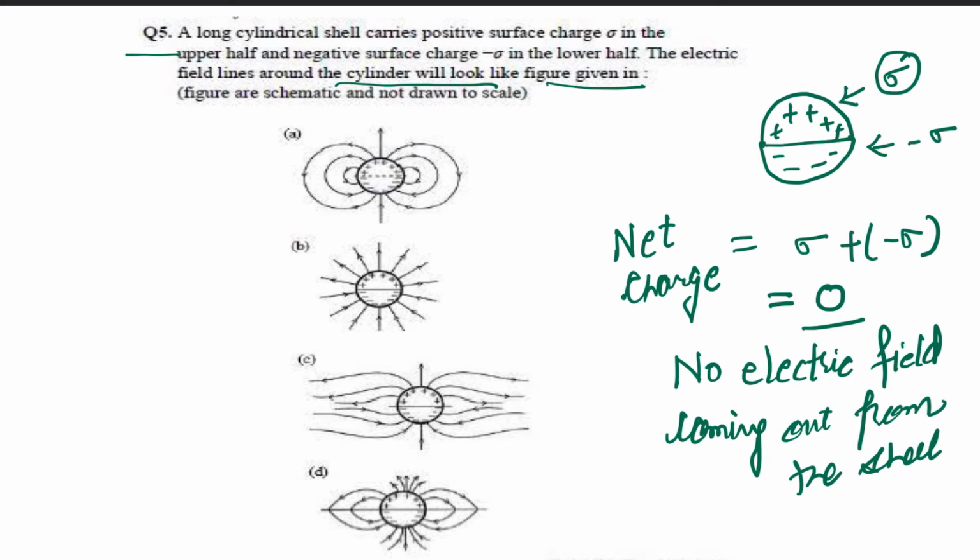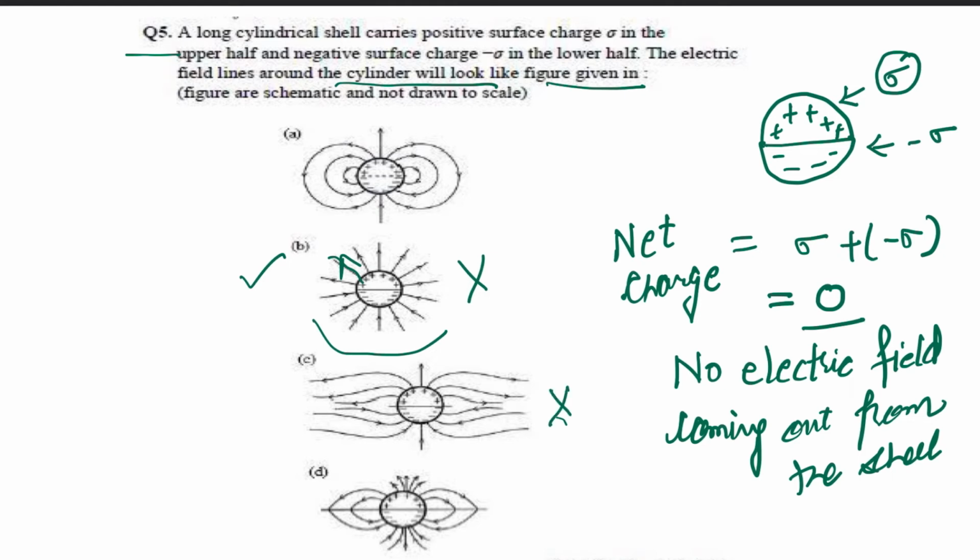If you look at figure B, for the positive they have drawn the outward lines, and for the negative they have drawn the inward lines. But as the net charge is 0, this option is not correct. For figure C, they have drawn the positive lines going toward infinity. Similarly, they have drawn the negative lines coming from infinity.